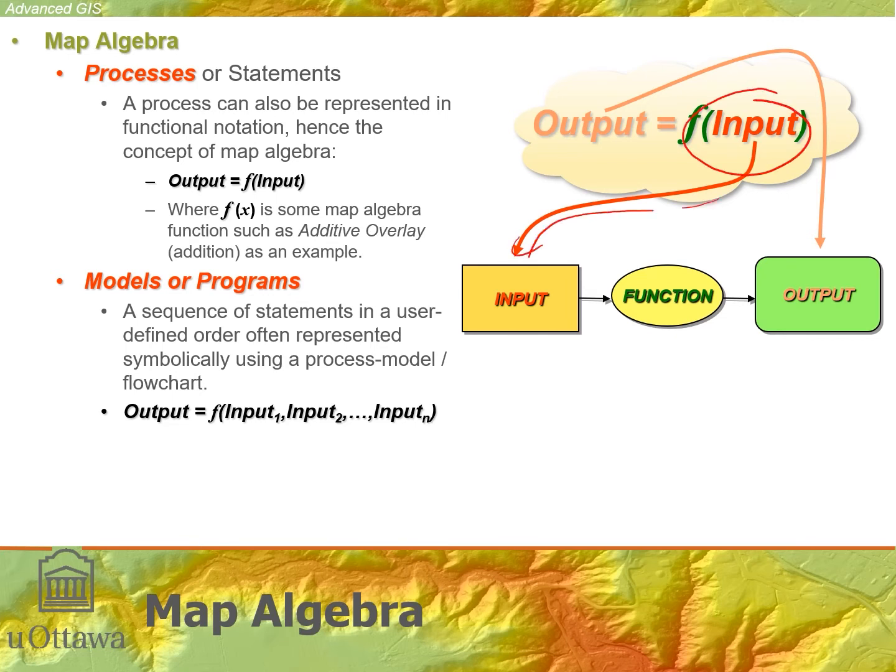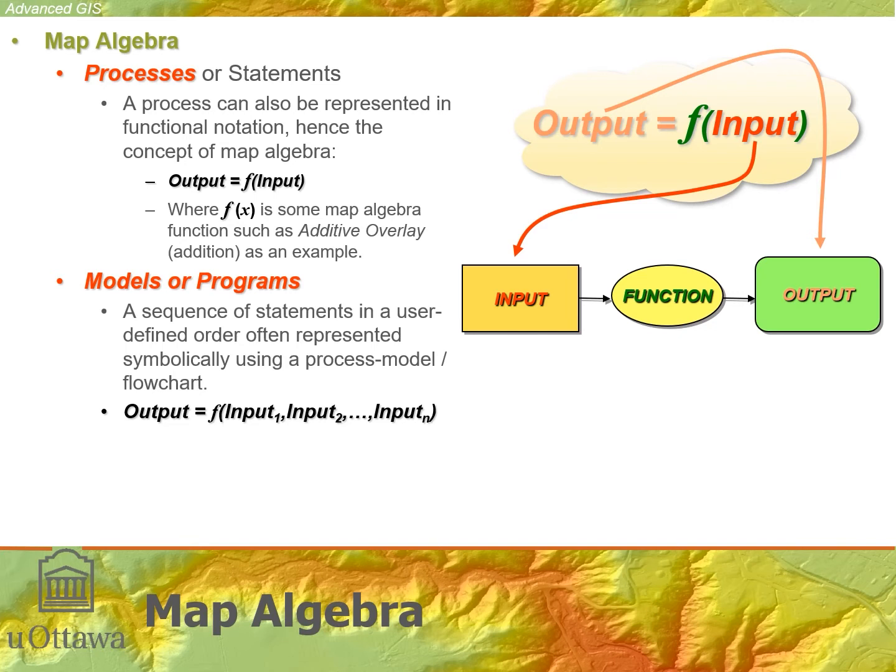So it's very easy to convert between map algebra statements and cartographic models, because each map algebra statement has to have the functional notation that you see here. Output is a function of input. That's one single map algebra statement, and that's equivalent to one single cartographic process.